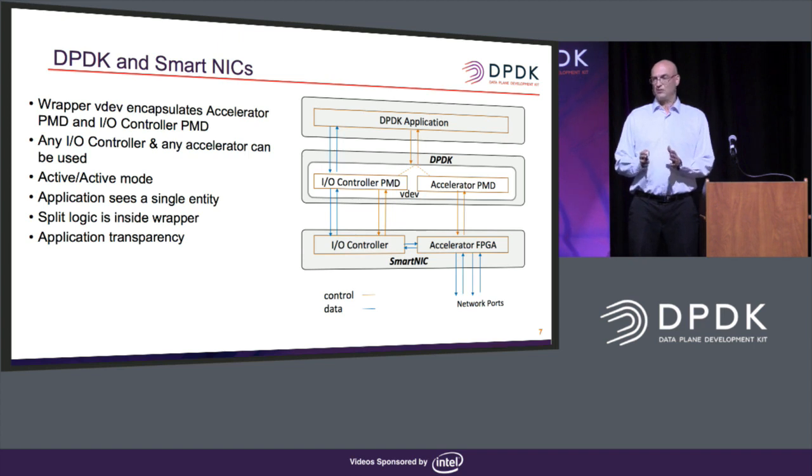This wrapper device is not really transparent in the sense that it has some logic embedded in it. It decides feature by feature which one to send to each one, so it's not a generic wrapper for all implementations. You get one programmable device and another I/O controller, and you match whatever functionality you want to put in each of them. That's the idea of a wrapper device.